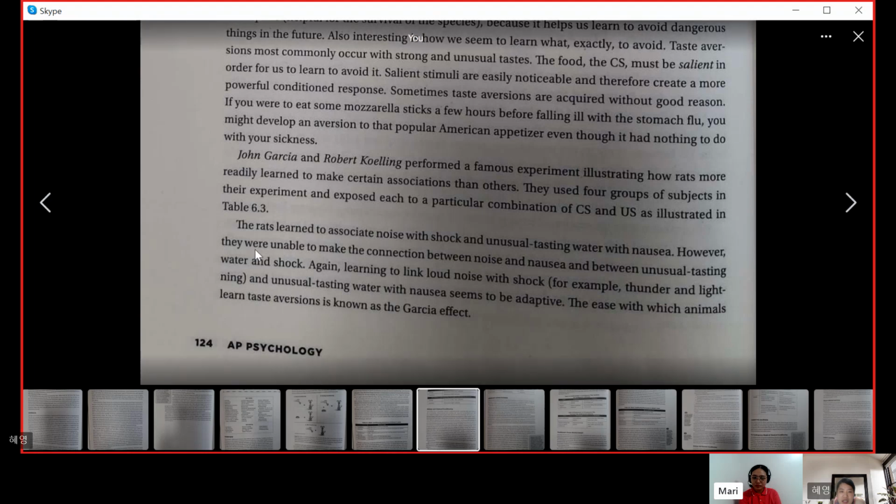However, they were unable to make the connection between noise and nausea and between unusual tasting water and shock. Again, learning to link loud noise with shock, for example, thunder and lightning, and unusual tasting water with nausea seems to be adaptive. The ease with which animals learn taste aversions is known as the Garcia effect.